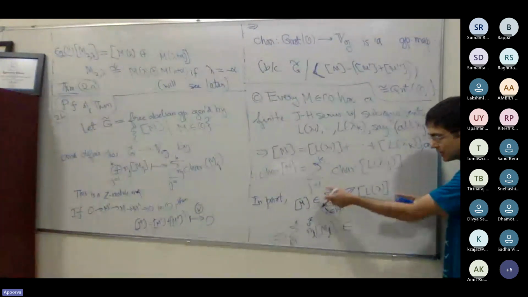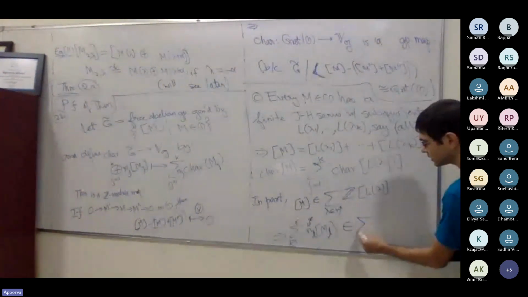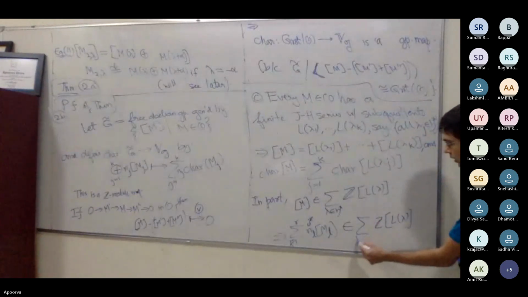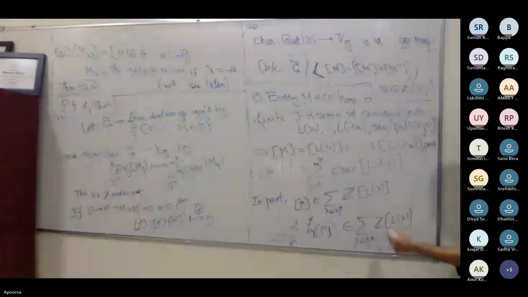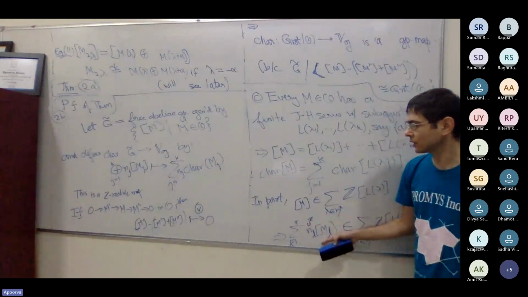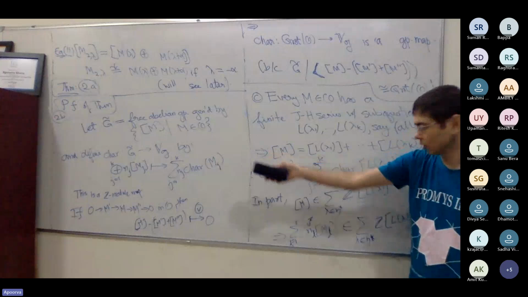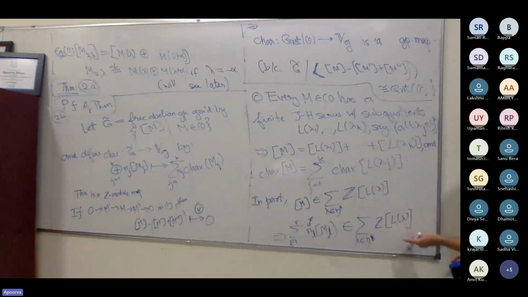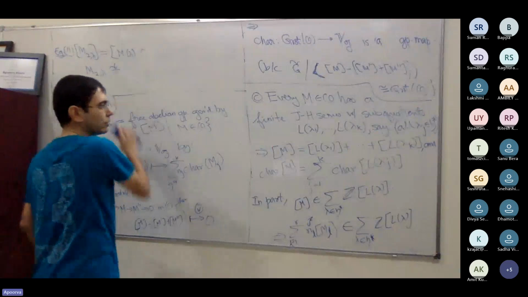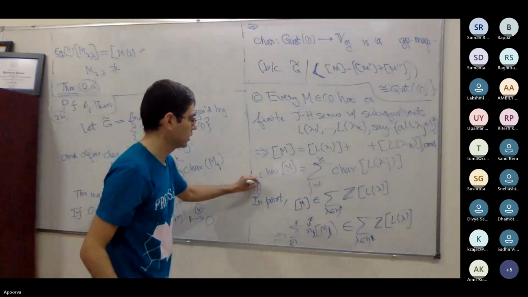So it also lives in this set, because this set is closed under finite combination. But these guys are precisely all the terms inside the Grothendieck group. So the Grothendieck group lives inside this.